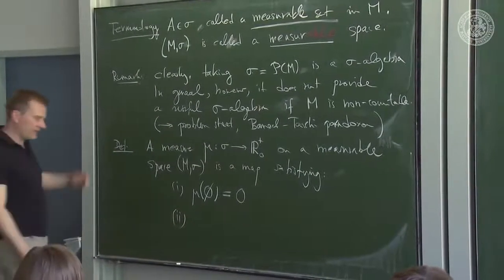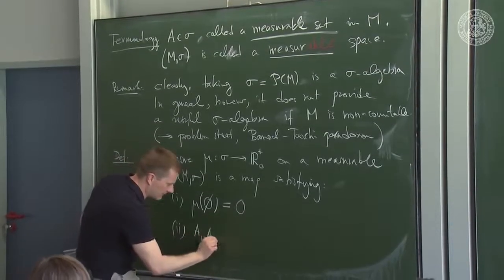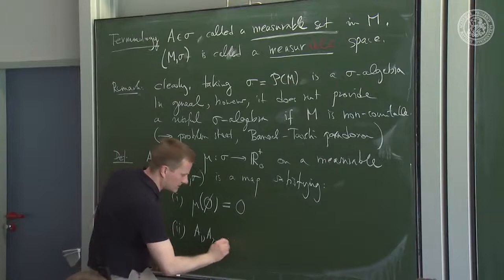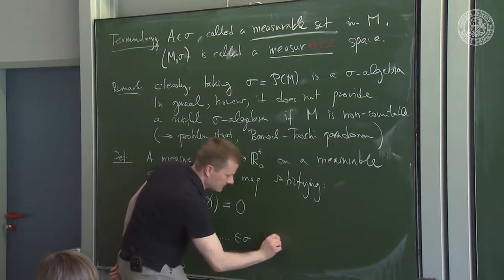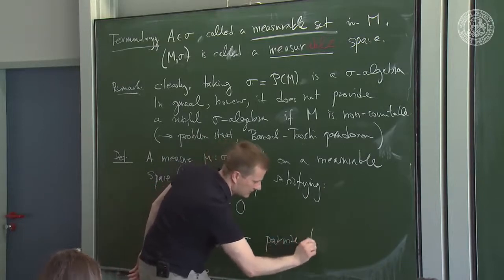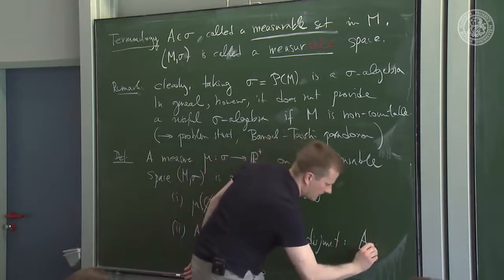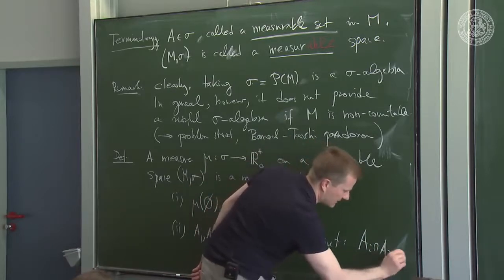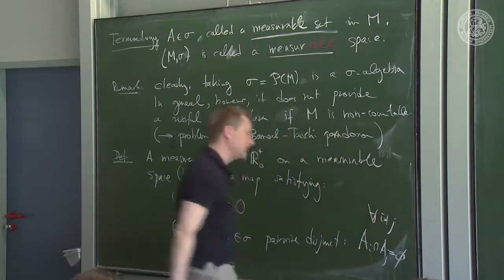If you now have a sequence, which could be a finite or an infinite sequence, A1, A2, and so on, that is in sigma, and that's pairwise disjoint. So A_i intersected A_j is the empty set for all i not equal to j.